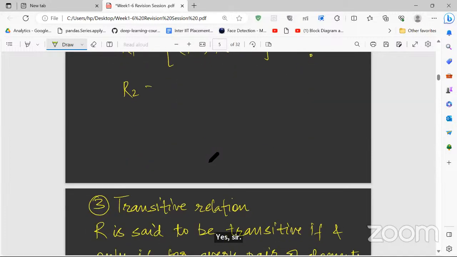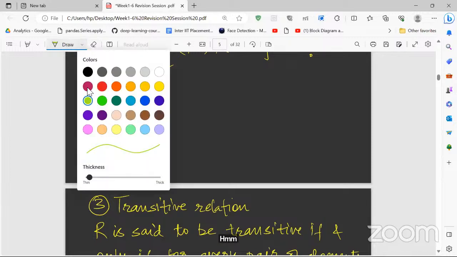So now, anti-symmetric or asymmetric, if you want to. So anti-symmetric is what I didn't write, but okay, I'll write it here. But I don't think somebody is going to ask you.